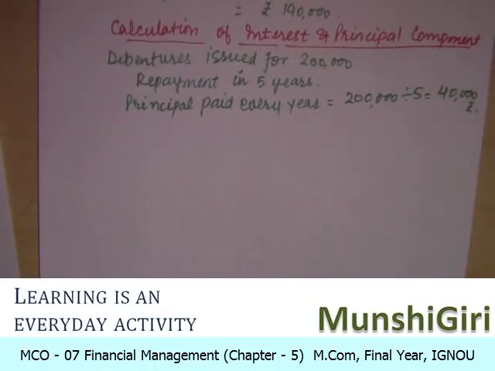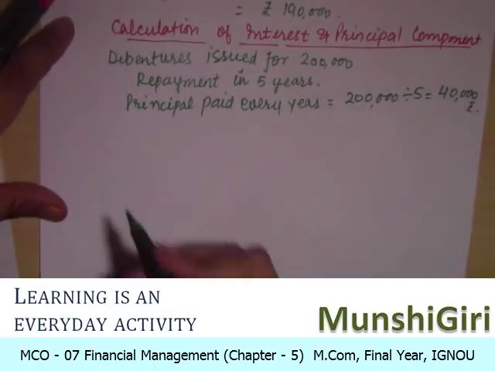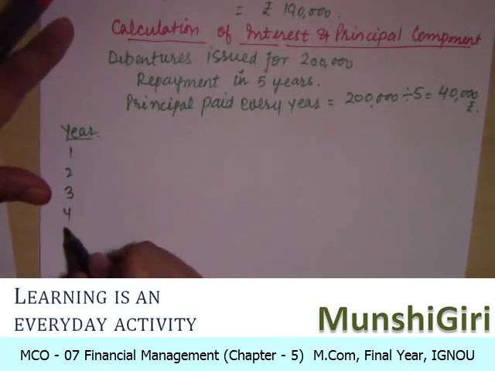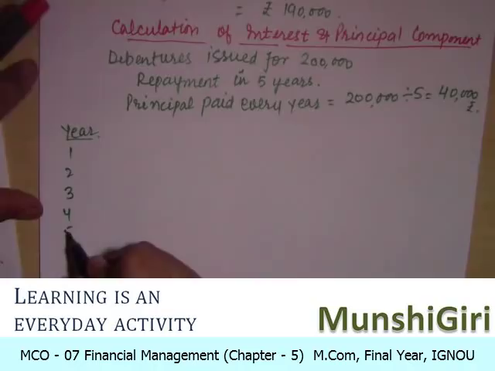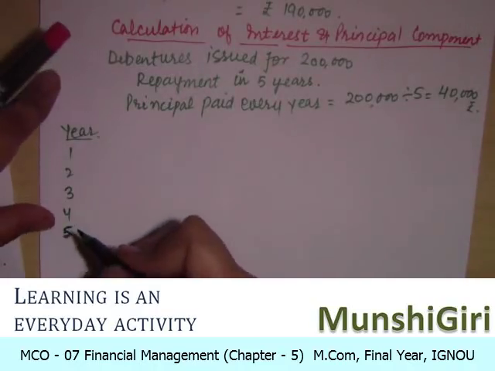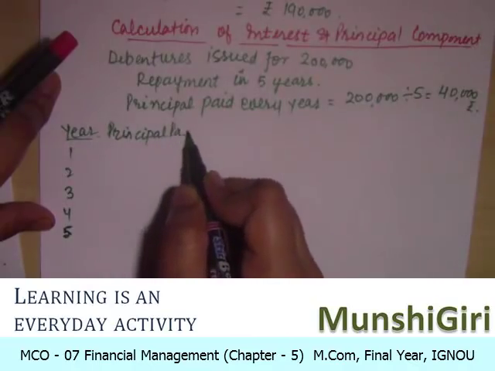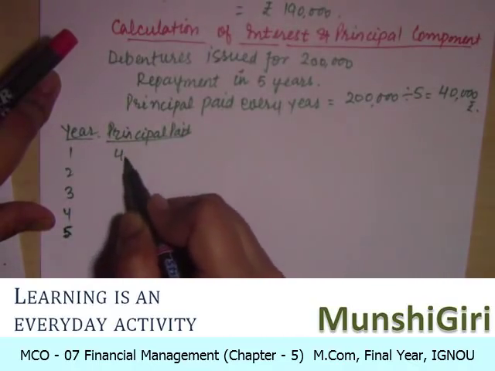So let's calculate the interest and the principal part. Here years 1, 2, 3, 4, 5. How much is the principal paid every year? Principal paid is 40,000 every year.